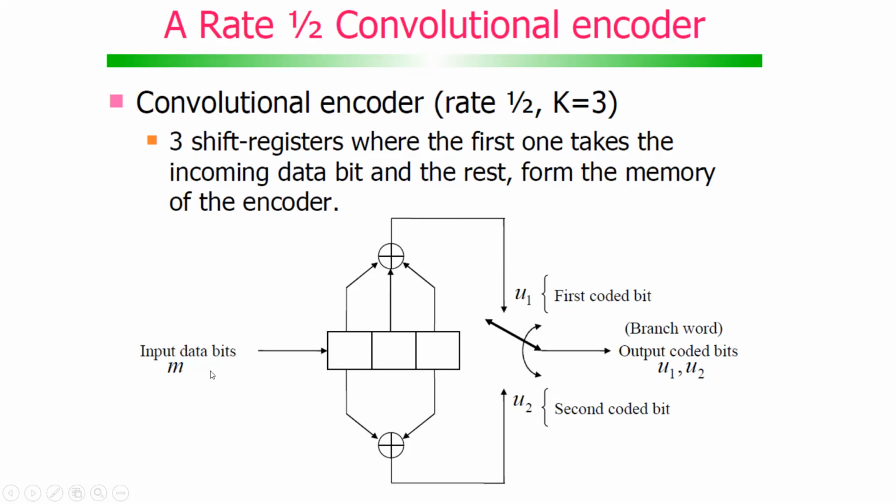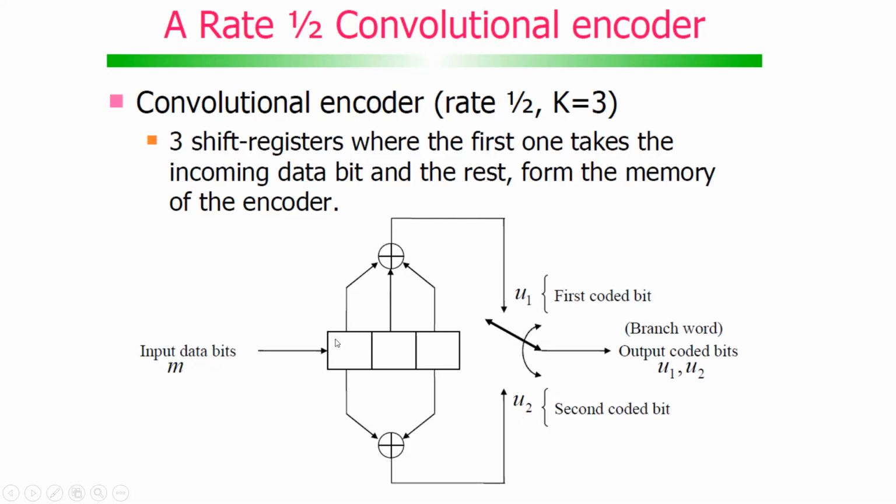So when one input bit is transferred into the shift register, small k is 1. How many output bits are you getting? 2, U1 and U2. So what is this convolutional encoder's code? Here the value of n is 2 and the value of k is 1.